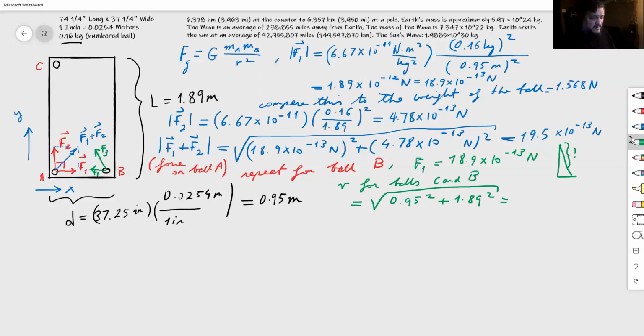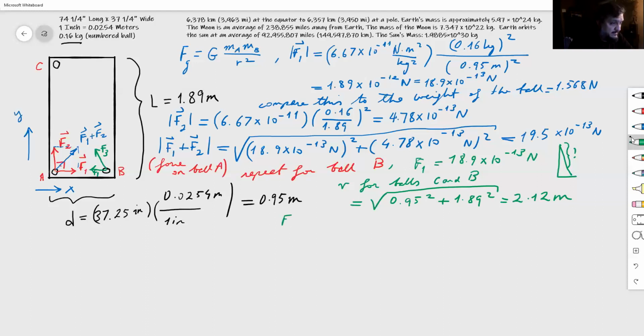I need the square of R anyways, but let me just find what the actual distance is. 0.95 squared plus 1.89 squared, and take the square root. 2.12. So this is 2.12 meters.